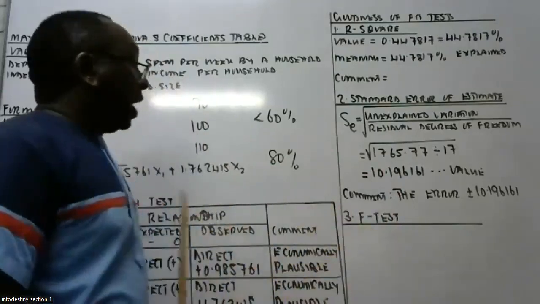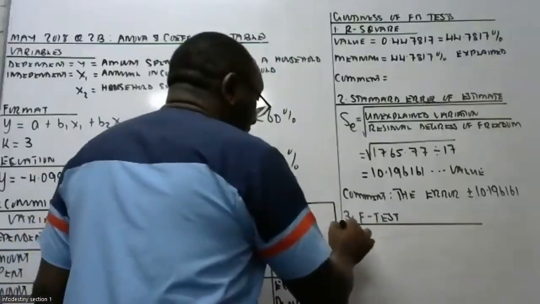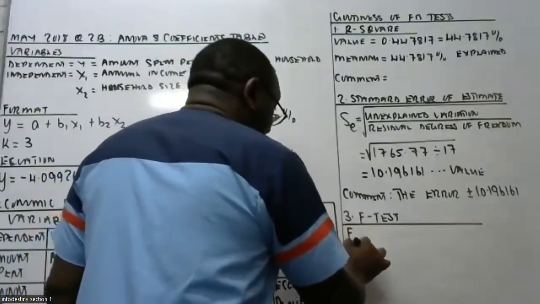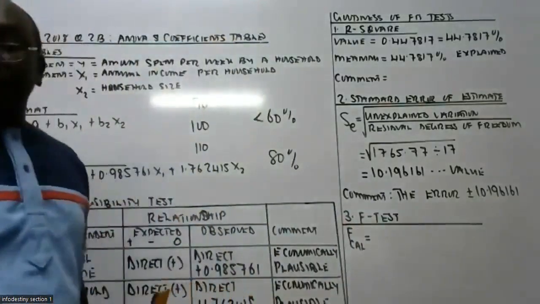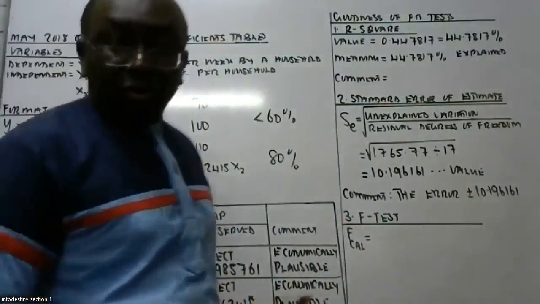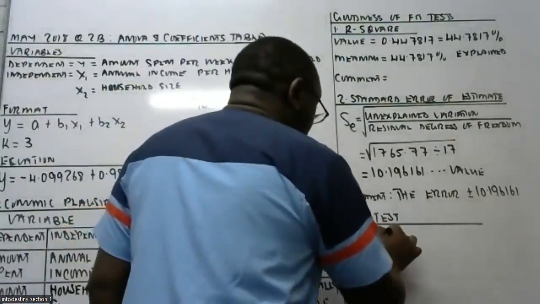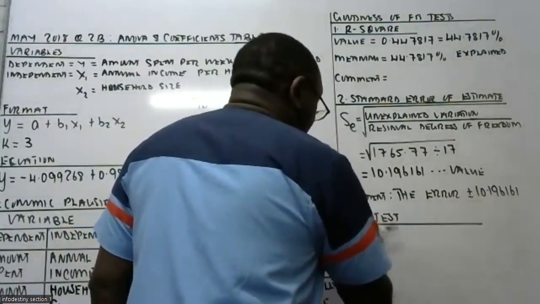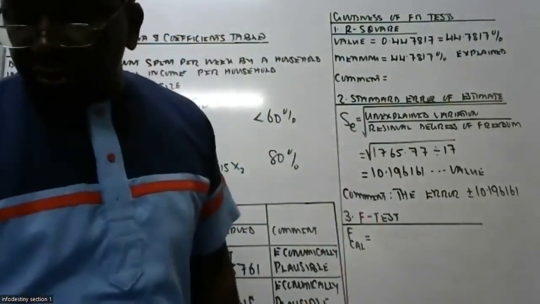Now, for the F test, there are 3 things that we require. One is the F calculated, which is what we call regression. It's already given in the table, so I should not bother you so much with the computation.